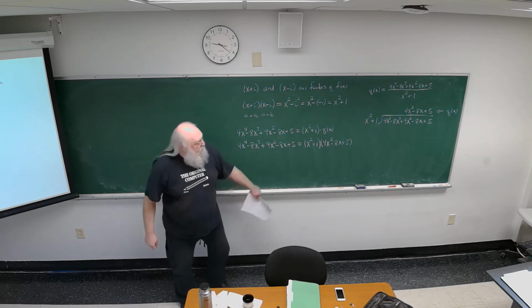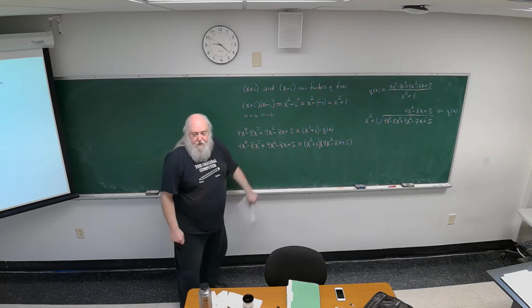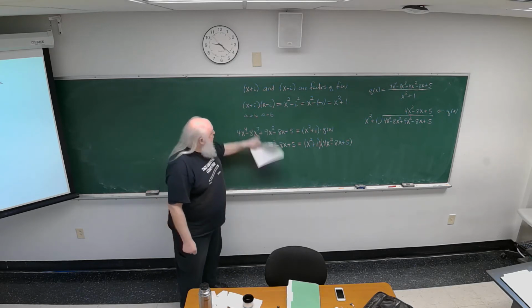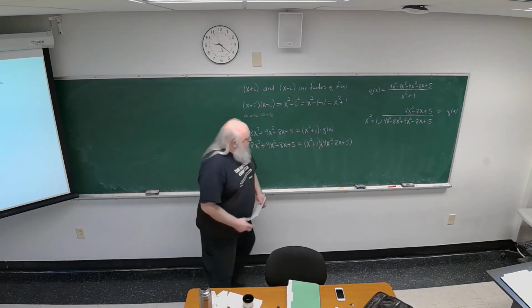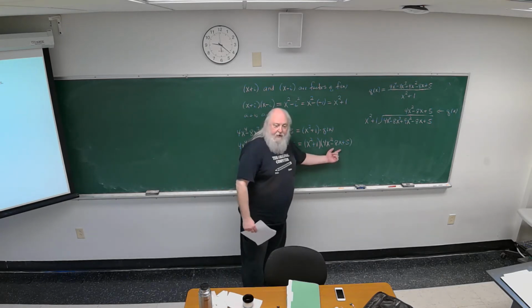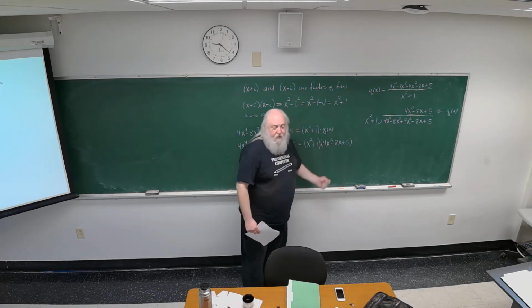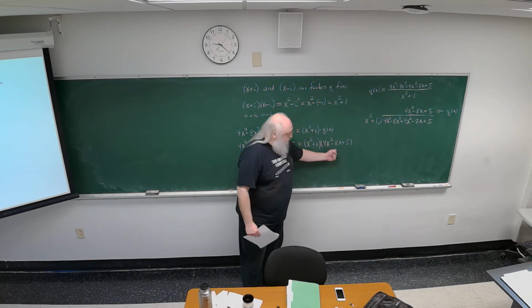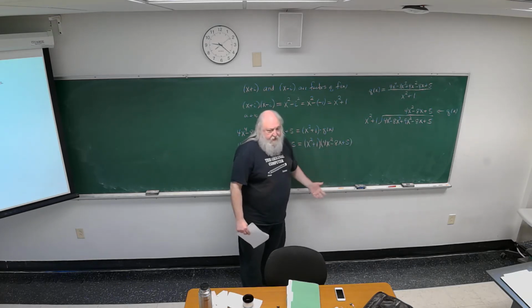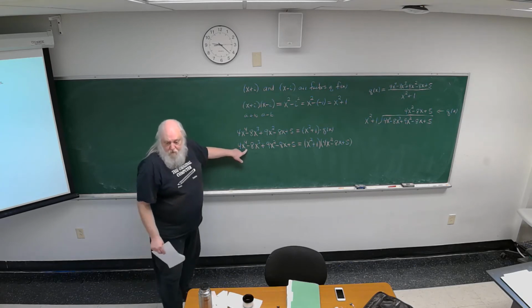Okay? And we already know x squared plus 1 factors into x plus i times x minus i, and x equals minus i and x equals i are zeros. Well, we have to find the values of x that make this factor equal to 0. Those values are the two remaining zeros of our original polynomial.